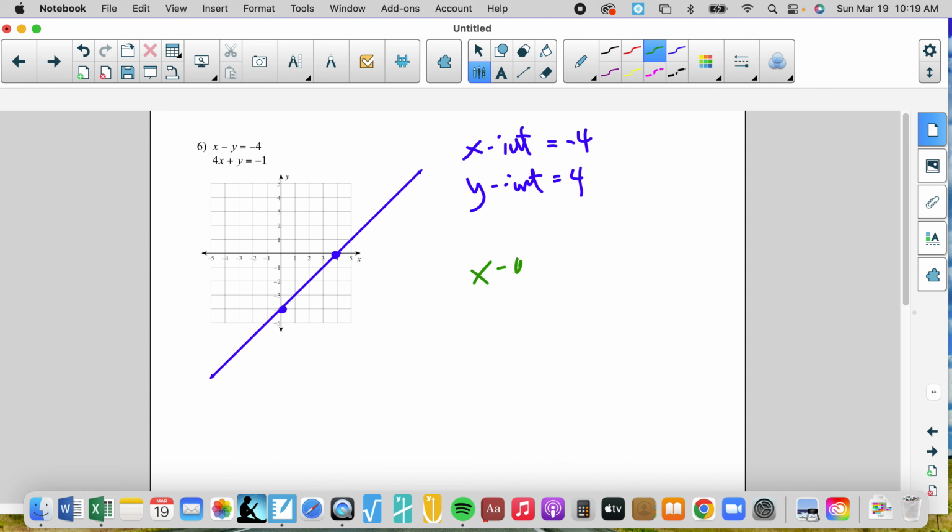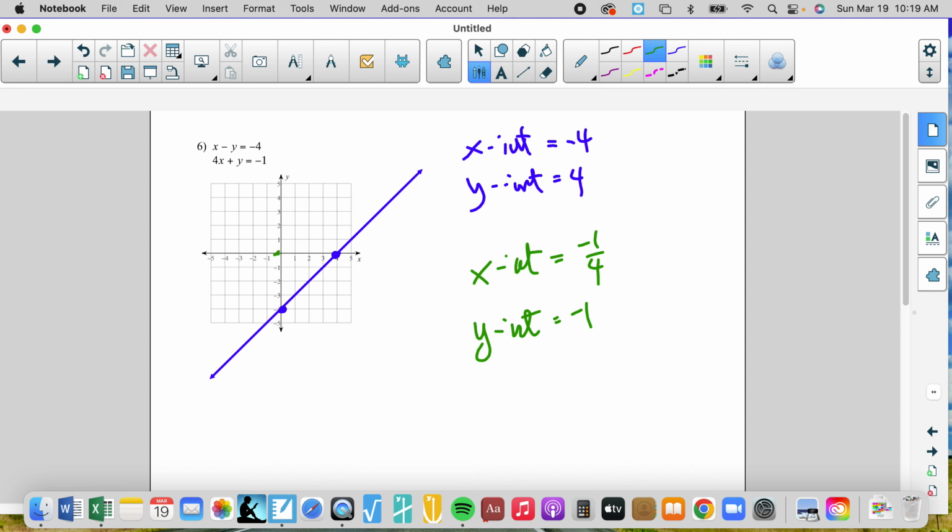My x-intercept. Ooh, look at this one. Negative 1/4. My y-intercept is going to be negative 1. So x-intercept negative 1/4. That's not very accurate. I'm just sort of eyeballing it. Is that where negative 1/4 is? Sure. I mean, it's somewhere between here and half.